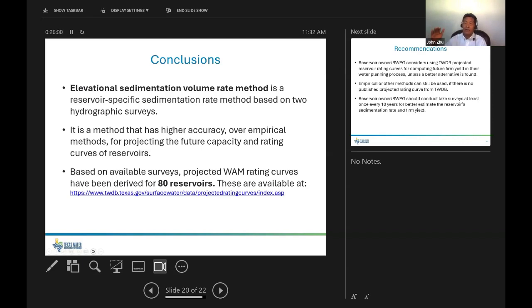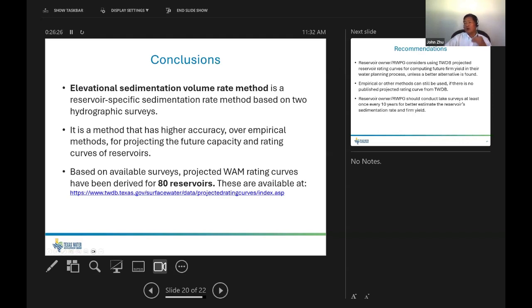So we can compare that capacity with the latest survey capacity. I feel this method has higher accuracy over other empirical methods for projecting reservoir future reaching curve.